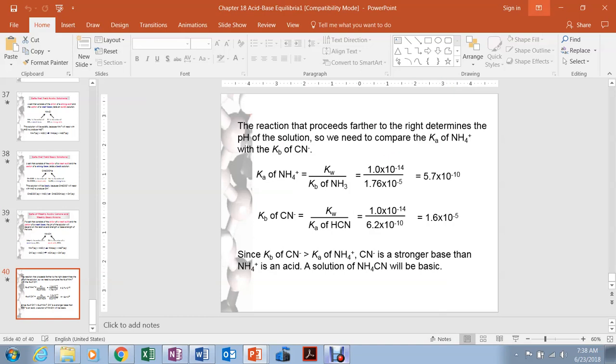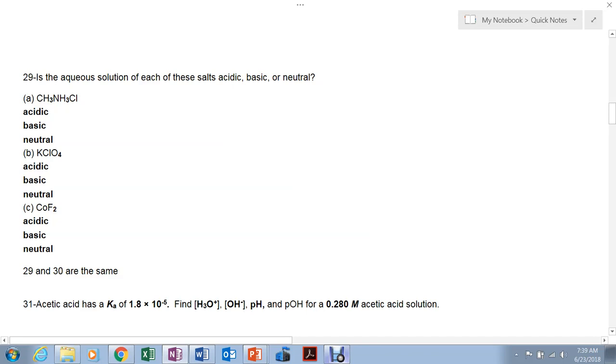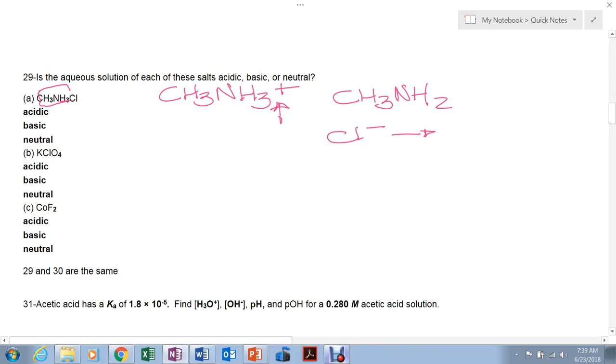Okay, so now this exercise is really a pain, but this one is not too bad. This is like the case we had now. CH3NH3 plus is the conjugate acid of CH3NH2, a weak base, which makes it a strong acid. And Cl minus is a weak conjugate base because it's the conjugate base of a strong acid.